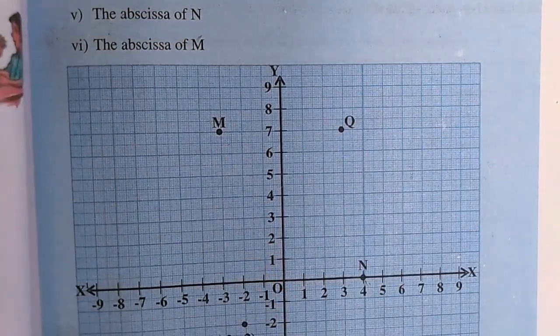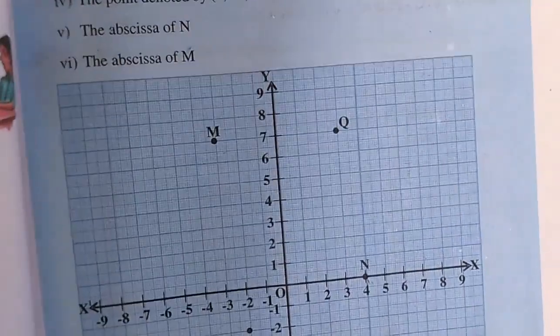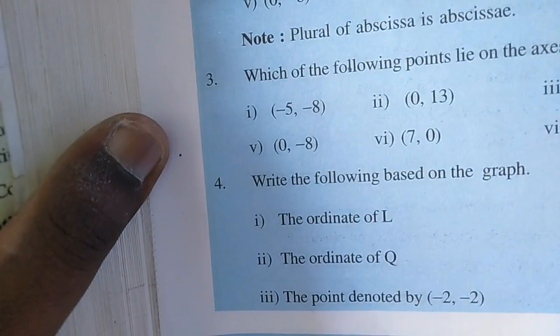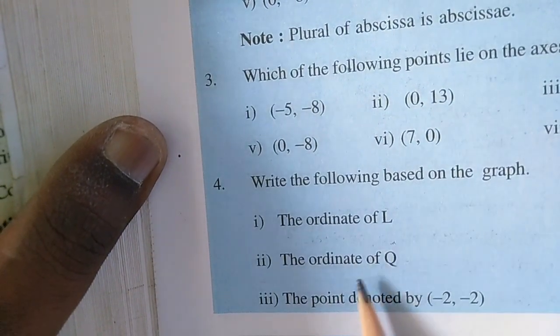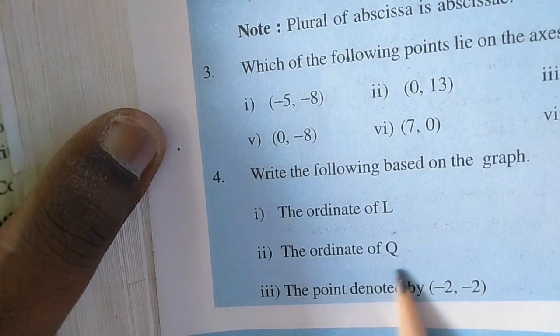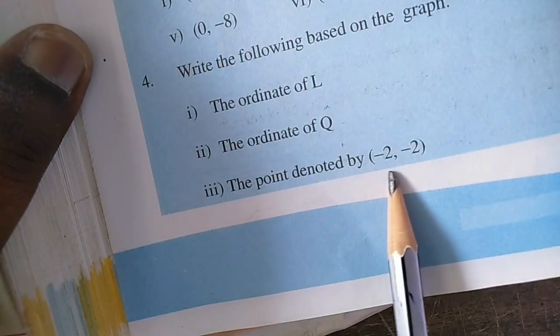So what is asked in the question? By looking at this graph, we have to answer it. The first question: the ordinate of L. Next, the ordinate of Q. The third one: the point denoted by minus 2, minus 2.